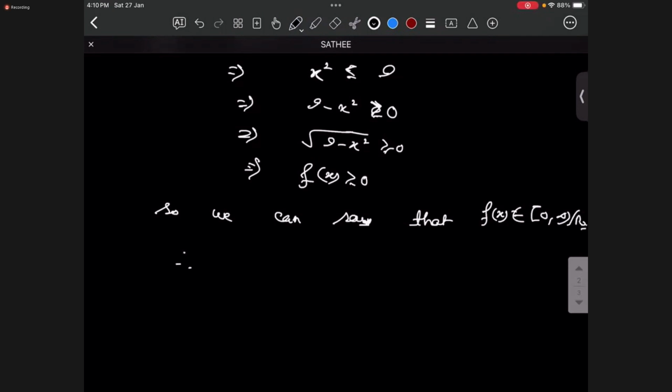That is, we can say f is again a function from -3 to 3 to R greater than or equal to 0.